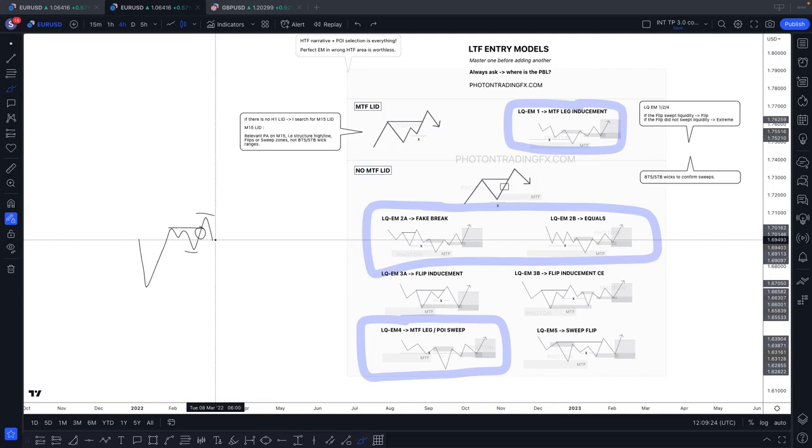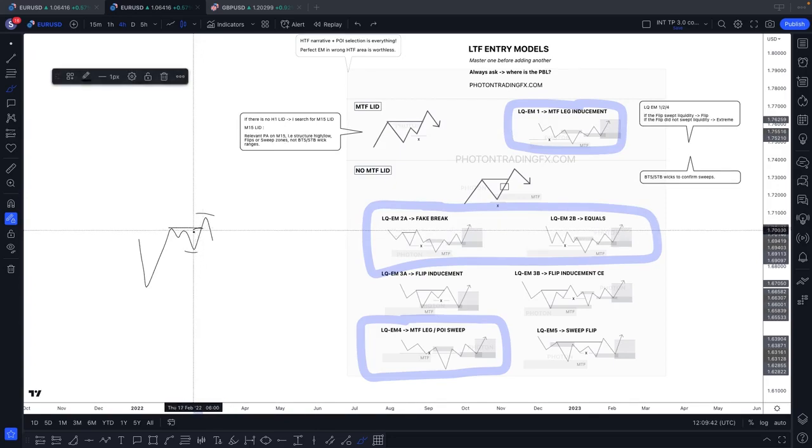Price action on M15 takes more time and probably just mitigates something here and continues up, okay? Don't be here hanging around for too long. So something that I use is, if I like the zone, if it's a high probability zone for me, I'm happy to be a little bit more aggressive, and if there is no H1 lead, I search for M15 lead to confirm, and it is exactly the same approach, okay?